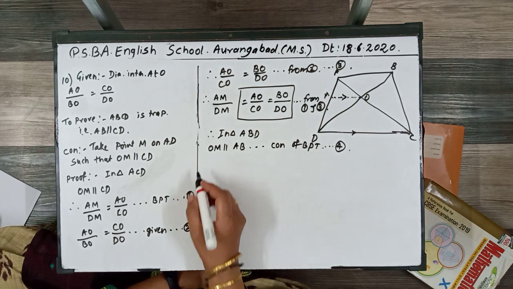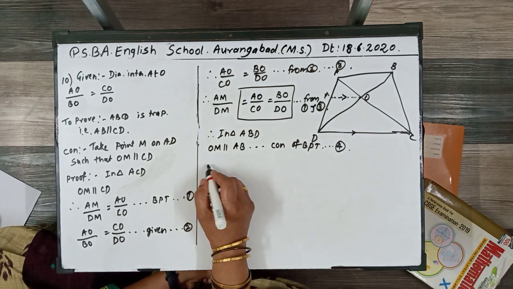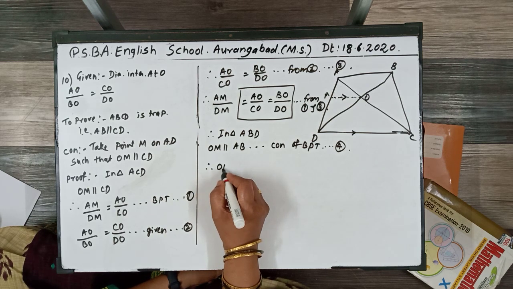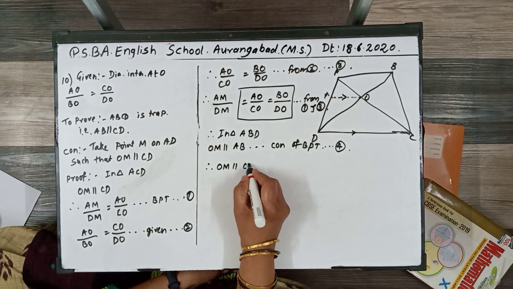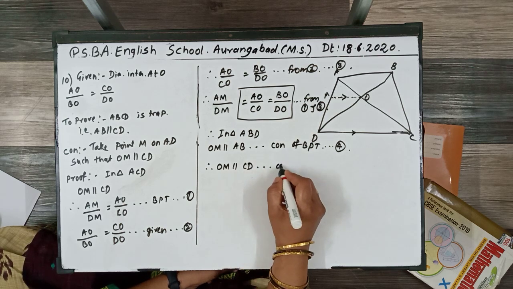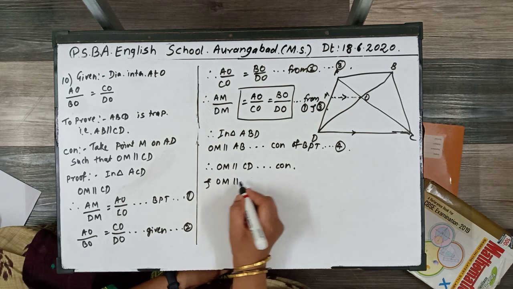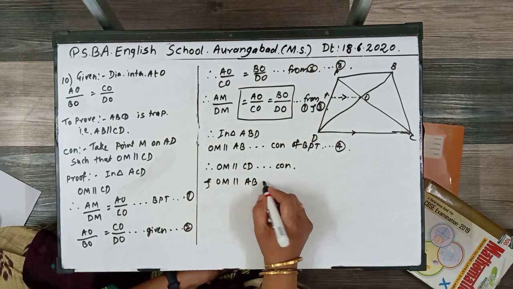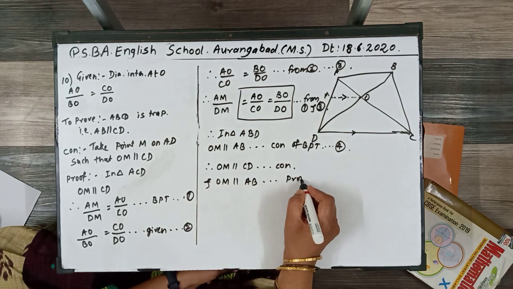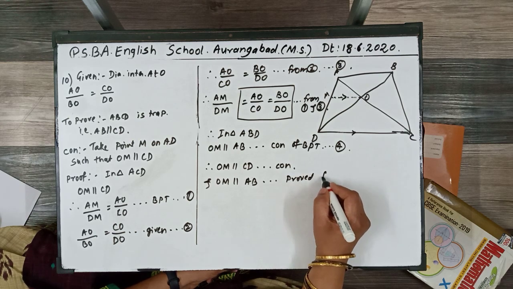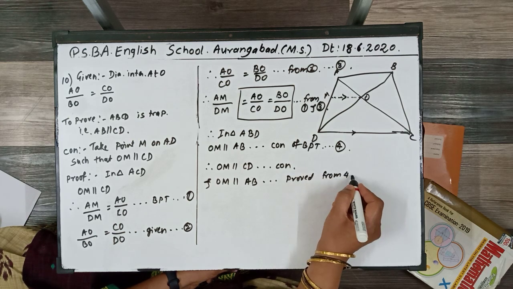Correct? Now therefore OM is parallel to CD by construction and OM is parallel to AB, proved from 4.